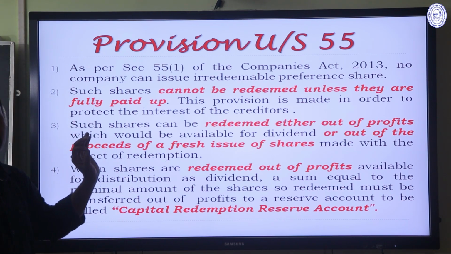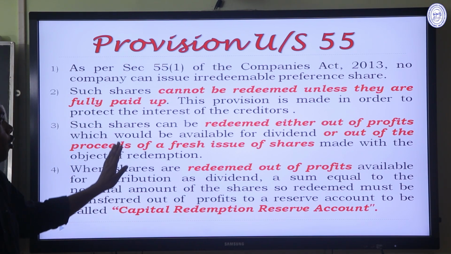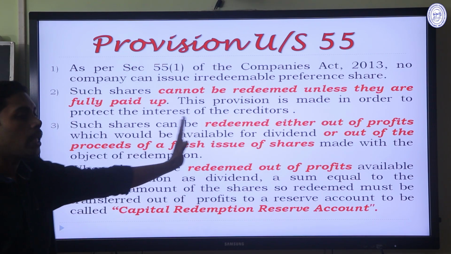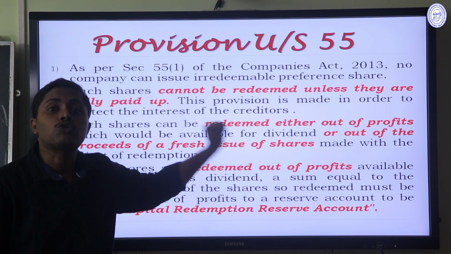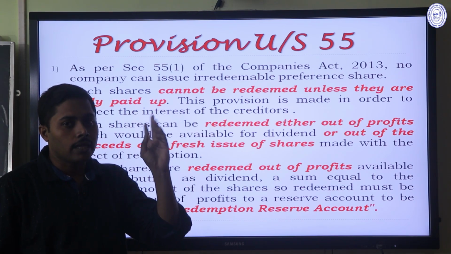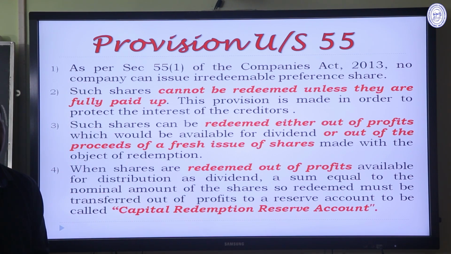Now, another important thing is that there are two methods for redemption of preference shares. One is redemption out of profit, one is redemption out of fresh issue. Okay. As I already said in the learning objective, we will learn the methods of redeeming preference shares. Now, there are two methods.